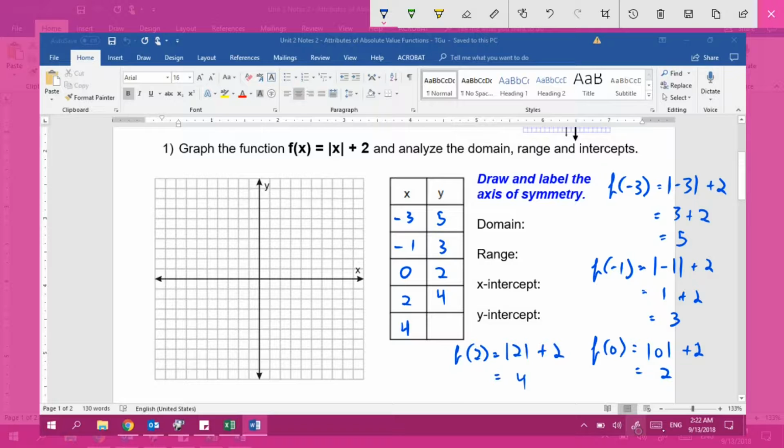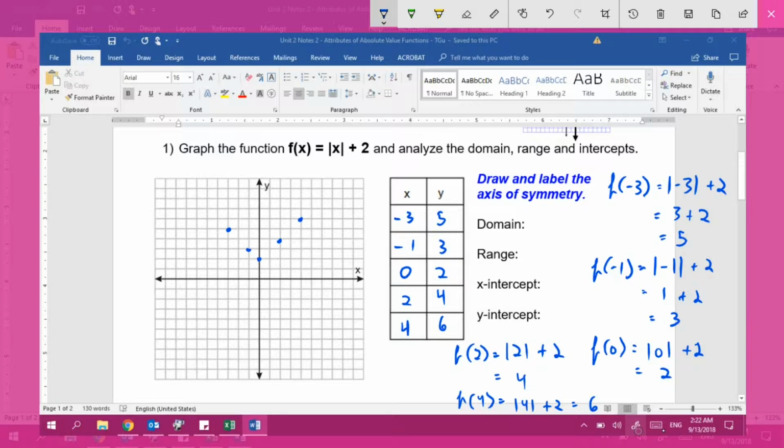And then f of 4 is the absolute value of 4 plus 2, which is 6. So let's plot these points then: -3, 5; -1, 3; 0, 2; 2, 4; and 4, 6. Up here. And so let's connect these.